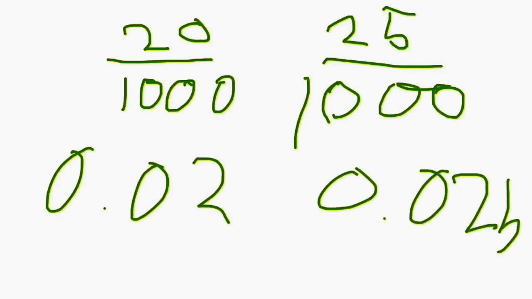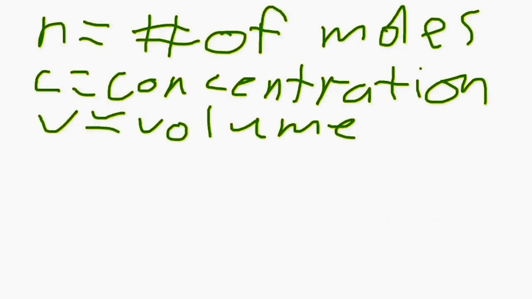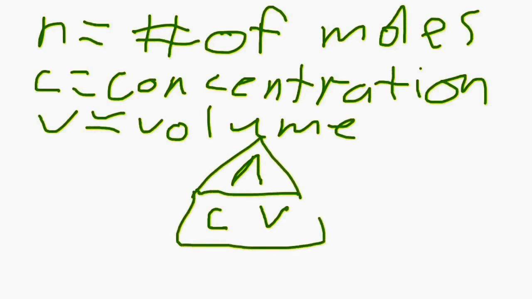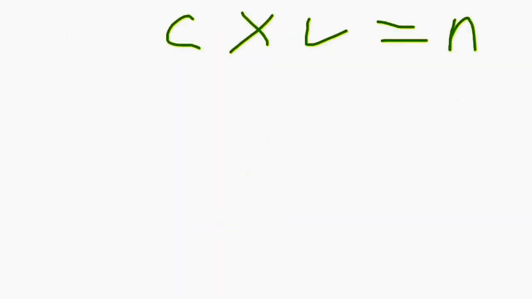Now then, much like the last one, we have N, which is the number of moles, we have C, which is the concentration, and V, which is the volume. And again we can do the triangle, which will help us out, because we can do concentration times volume, which will give us the amount of moles which we need.